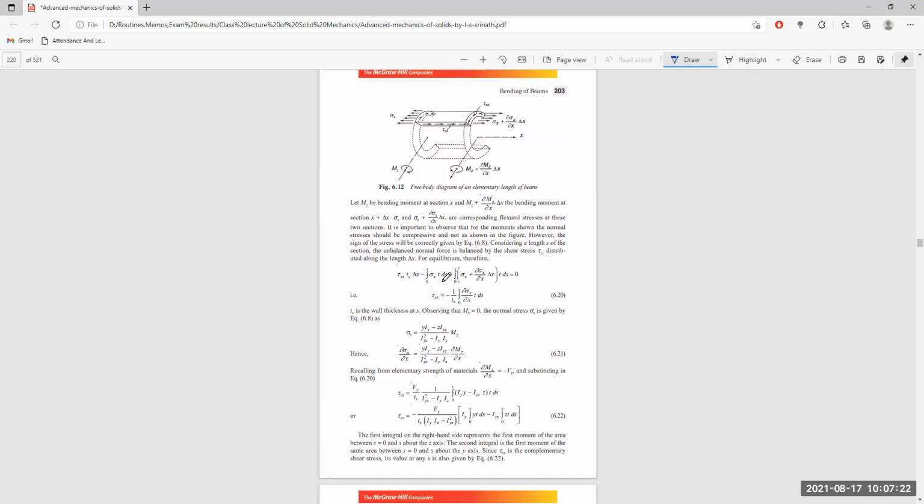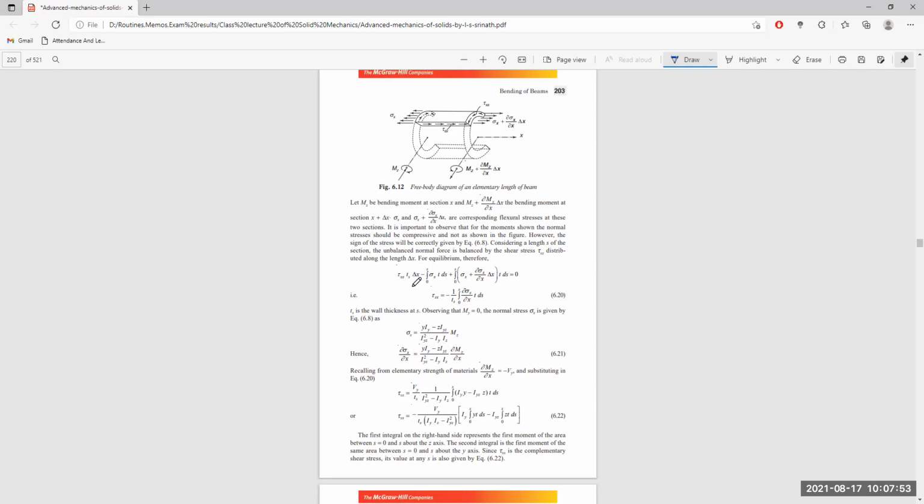All the forces sigma X and tau XS related, you have to equate to 0 to maintain the equilibrium itself. Tau XS into TS, the thickness is varying here along the length. Let us take an average thickness into delta X, that is the thickness and width of the element itself.